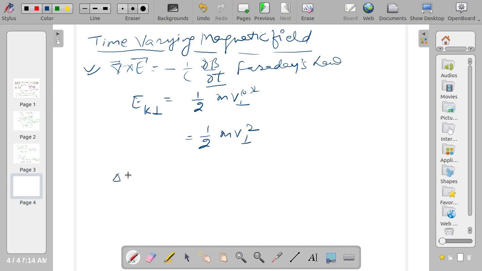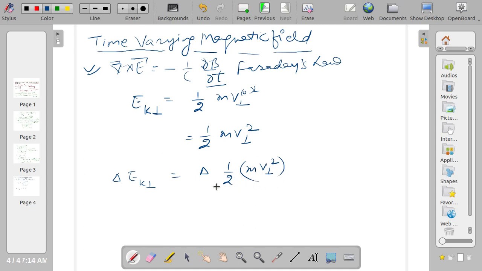If the kinetic energy changes, this is the change in the kinetic energy, which can be written as delta of one half m v perpendicular square.